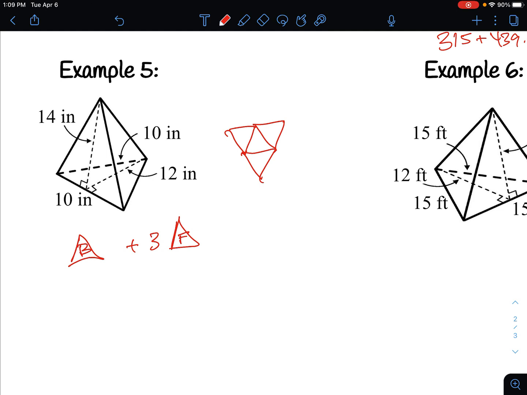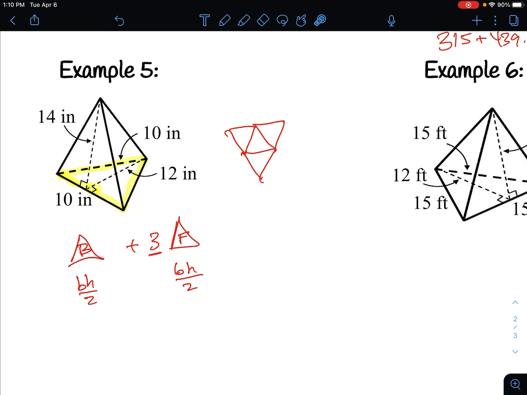Let's go ahead and write the formulas. Base times height divided by 2. Base times height divided by 2. You end up multiplying it by 3 afterward. So let's do the base. The base is the bottom. Remember, typically the bottom on an image. Here's my little right angle. So my base is 10. And my height is looking like that.